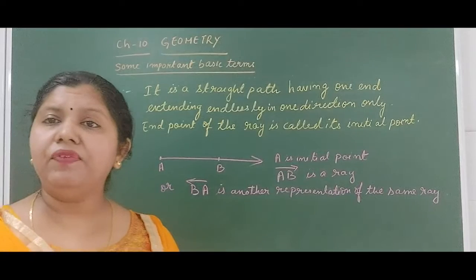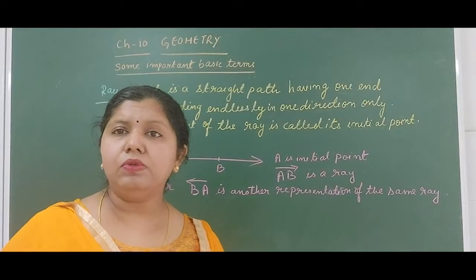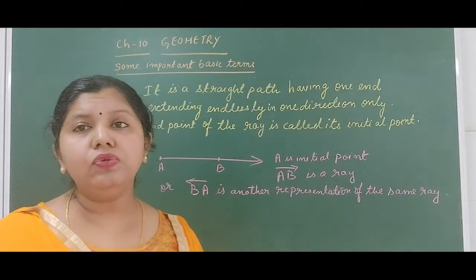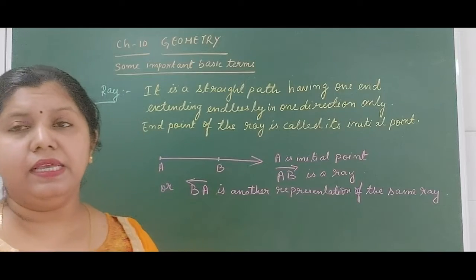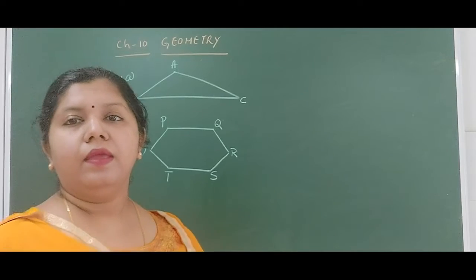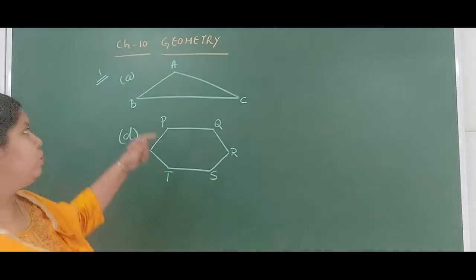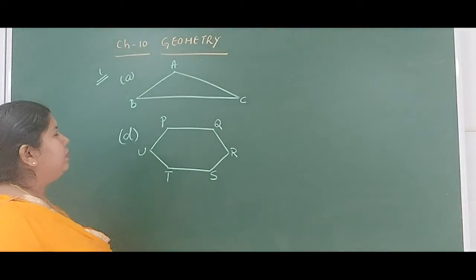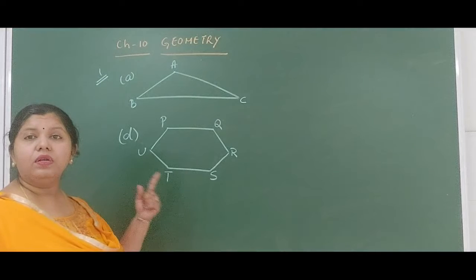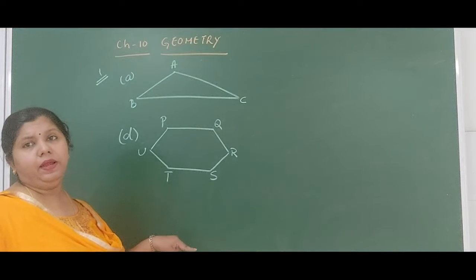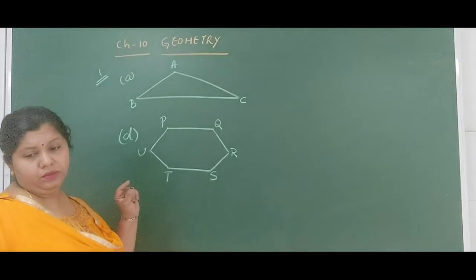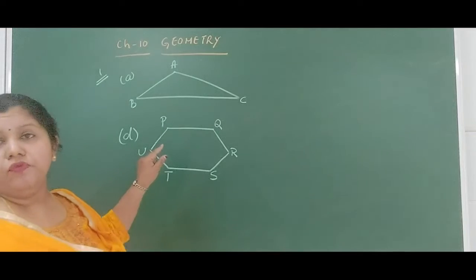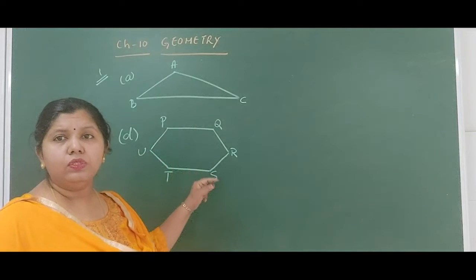So with this we have completed the basic terms. Now we can also do some questions from the exercise. Everybody look at these two figures here in number 1. Here you have to tell what line segments are used to form the following closed shapes.